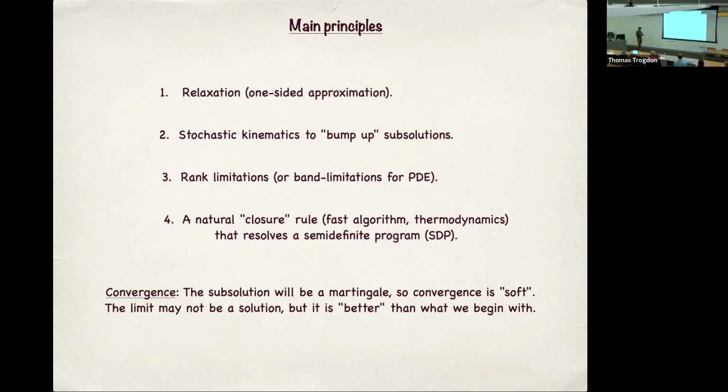Once one has this formulation, it turns out that the convergence of the scheme is soft. Once you start with a subsolution, you will end up with a subsolution that's better than what you started with.